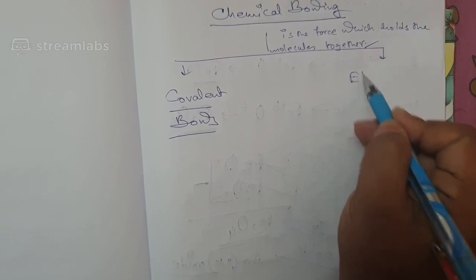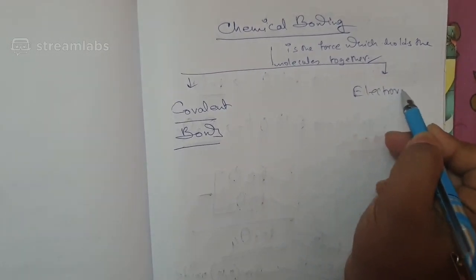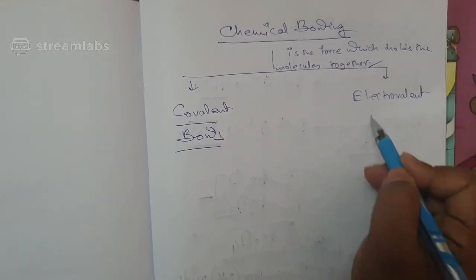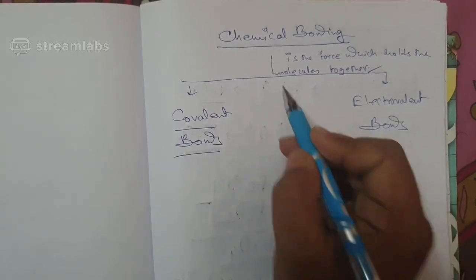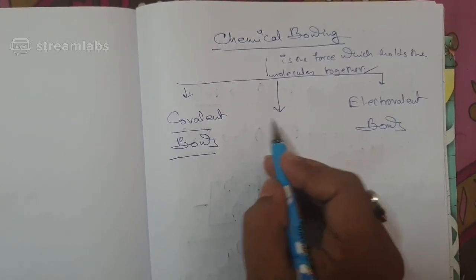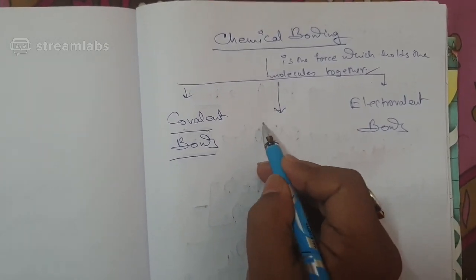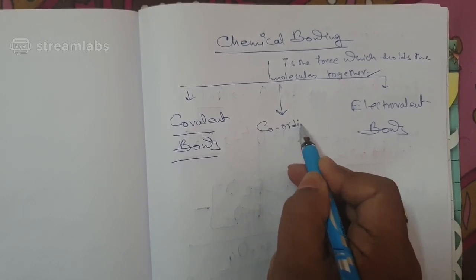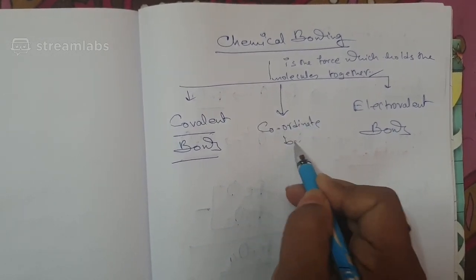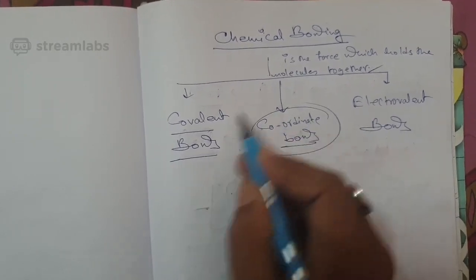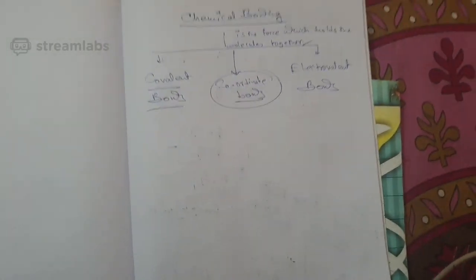There are electrovalent bonds, and there are coordinate bonds. Now these are the types of chemical bonds or types of forces between the molecules.